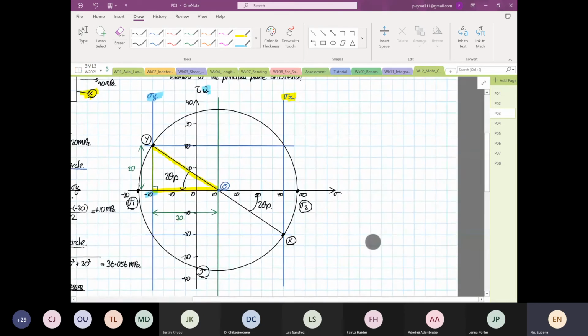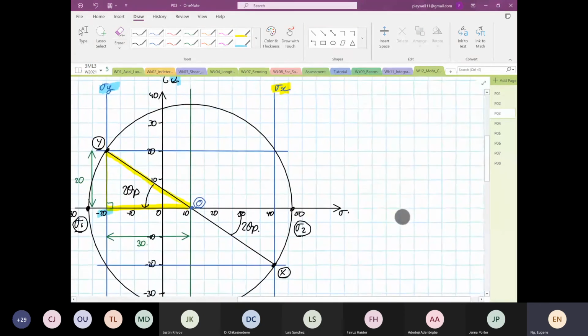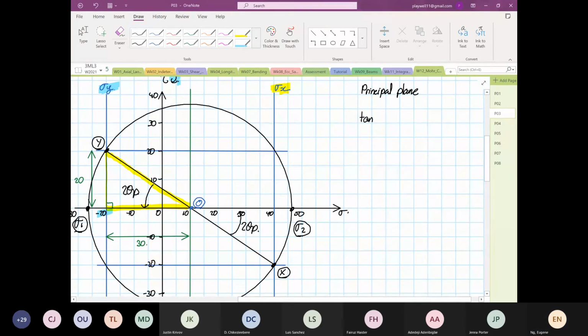Okay, so how to find tangent 2 theta p? We are now going to calculate the principal plane. So tangent 2 theta p is equal to, you can see the numbers, right? 20 divided by 30, right?